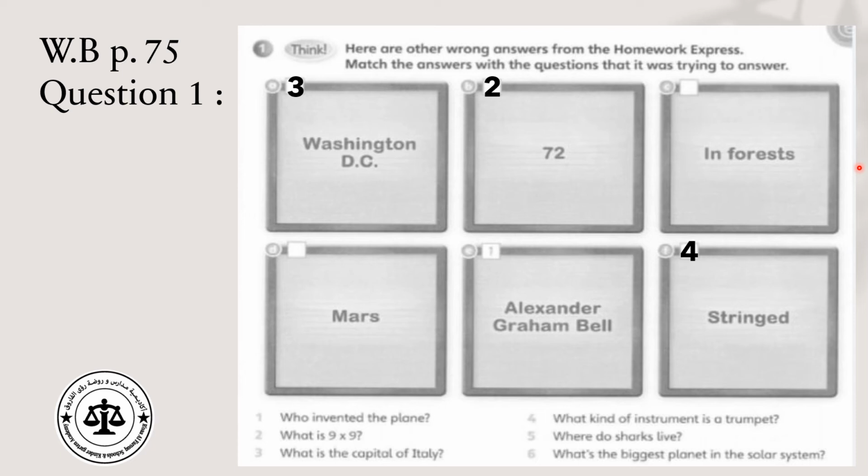Bravo. String. And number 5. Where do sharks live? The answer was in forests. The last one. What is the biggest planet in the solar system? And the answer was Mars.